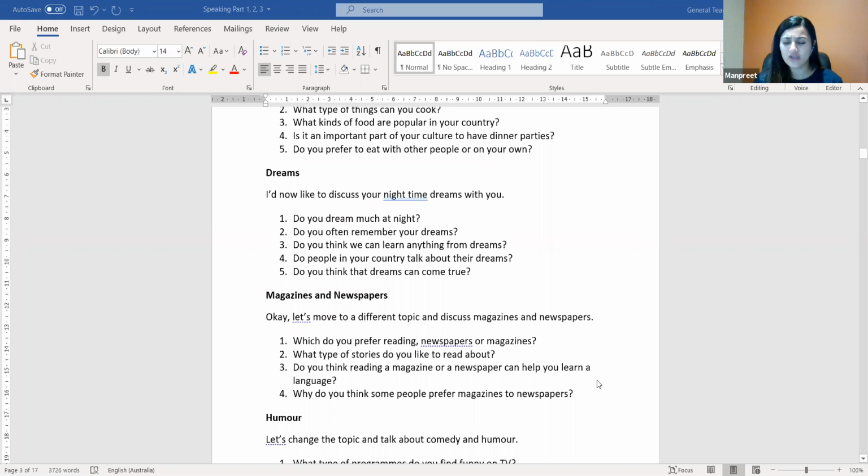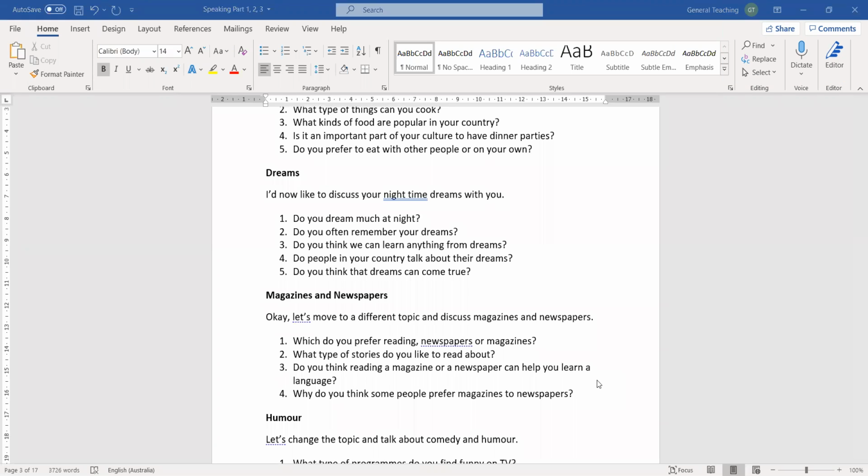So do you think by reading newspapers or magazines, it is possible to learn a new language? No, I don't feel that we can learn a new language, mainly because the whole newspaper is covered by the same language, and mostly all the jargon words are put into that newspaper.